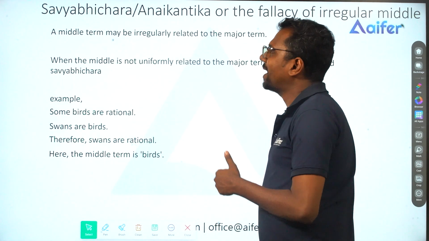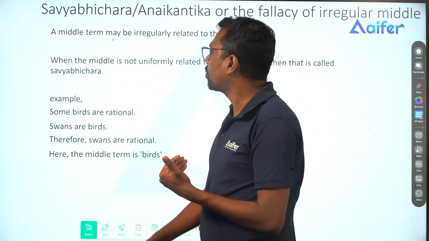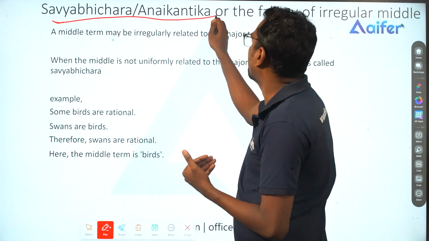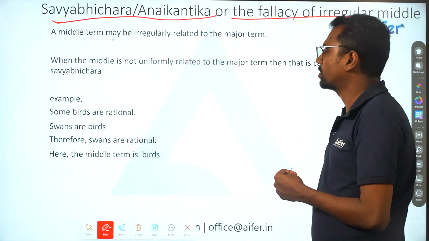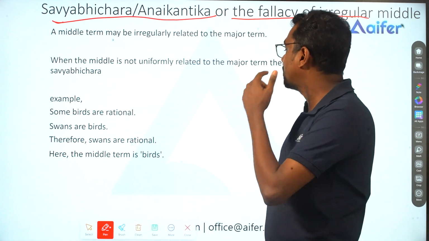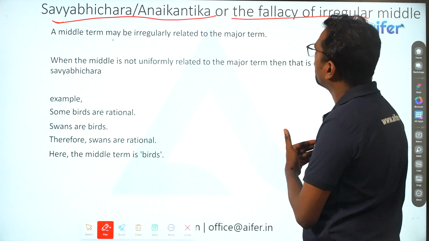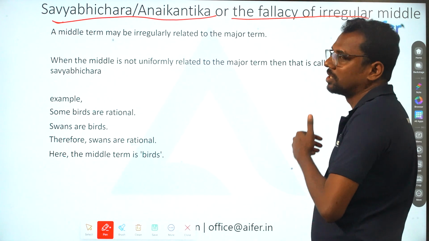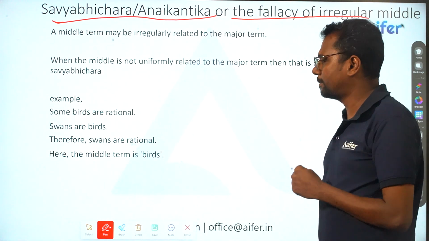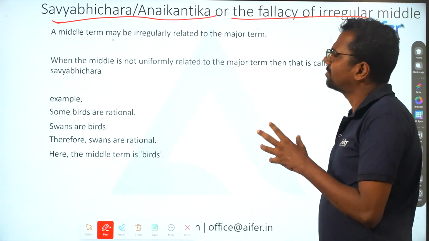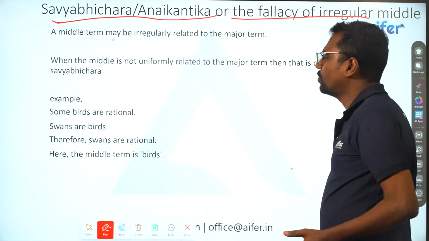First we have Savyabhichara, also known as Anaikantika, the fallacy of irregular middle. It occurs when the middle term is not uniformly related.